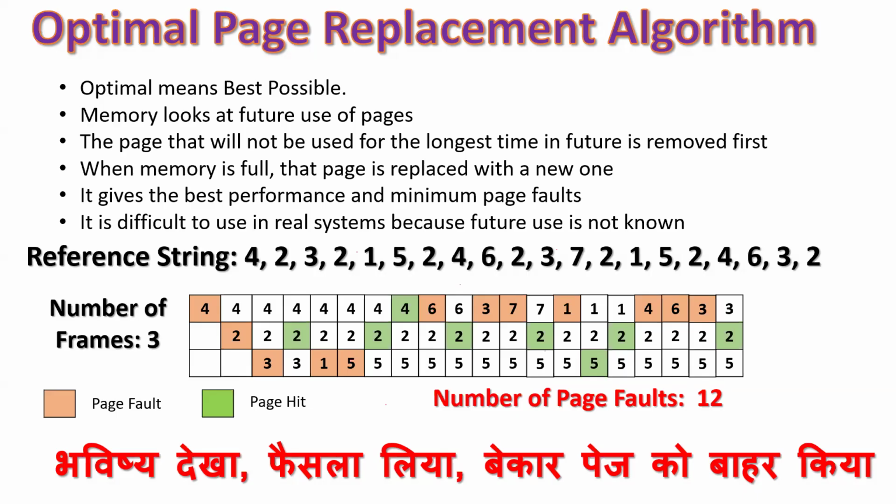You can go through them once you have free time. The main goal of all these algorithms is to reduce page faults, improve system efficiency, and optimize memory usage. Understanding these concepts helps in designing efficient operating systems. And so these are all your page replacement algorithms.